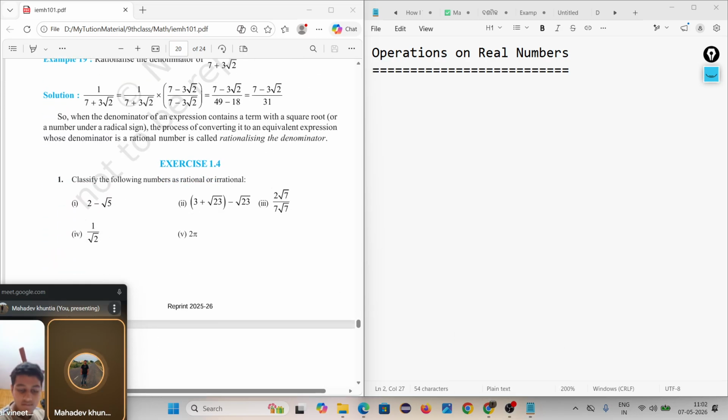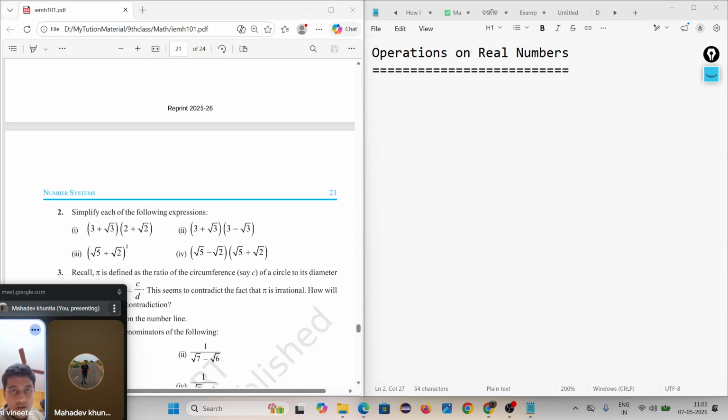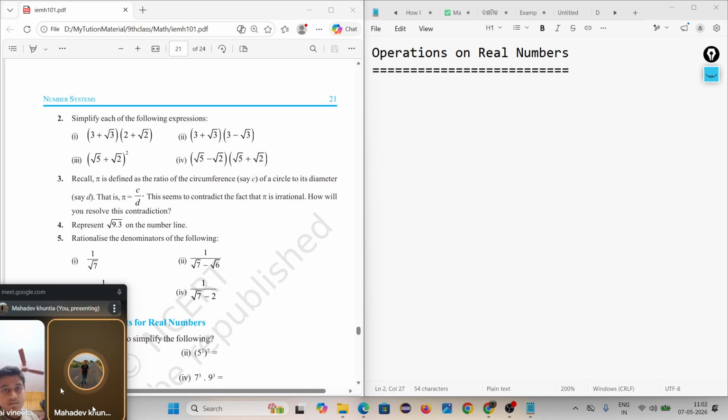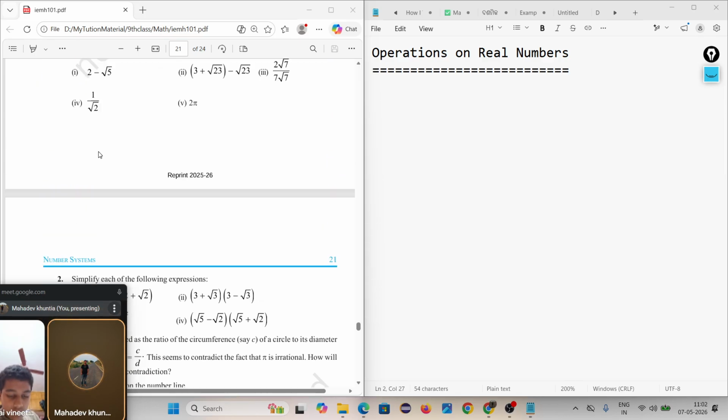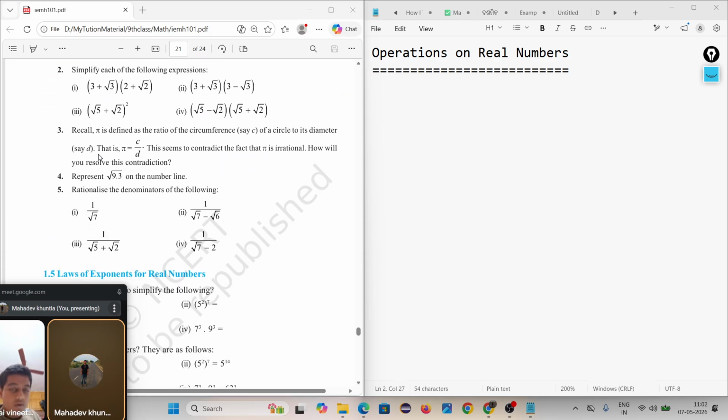Your homework is exercise 1.4. You can do question number 1, identify rational or irrational. Then simplify each of the following using the identities. These two questions, question number 1 and question number 2. Okay, that's enough for today's class.